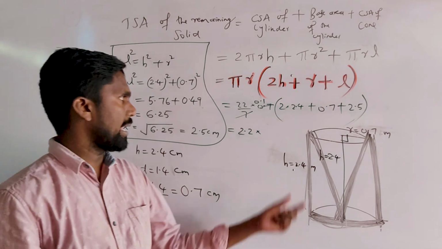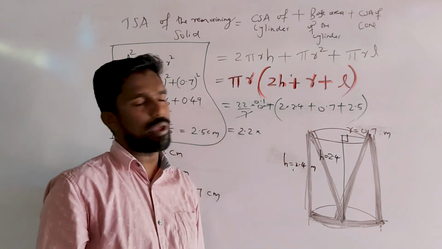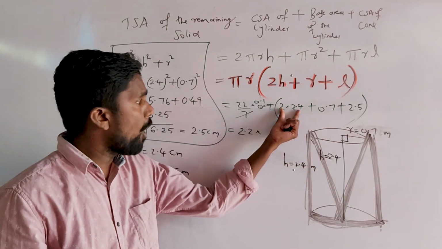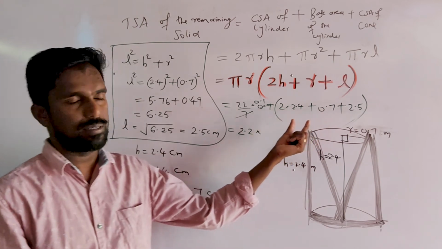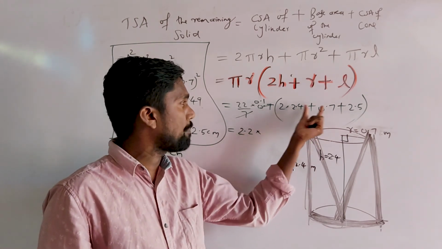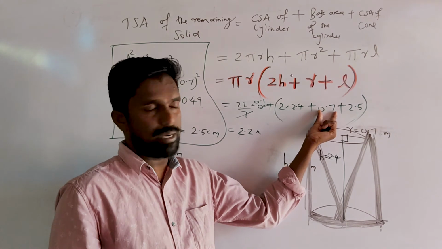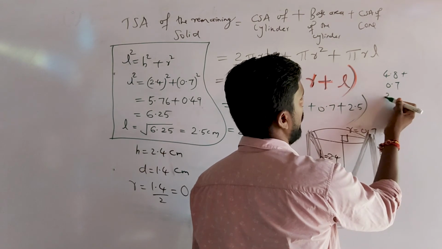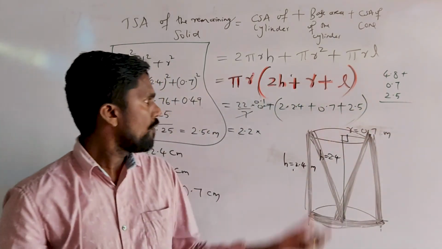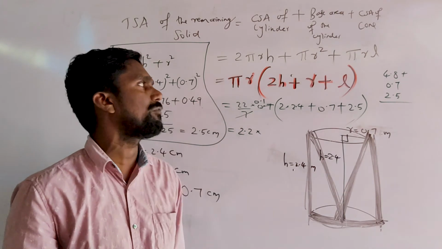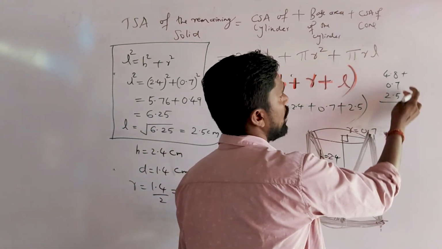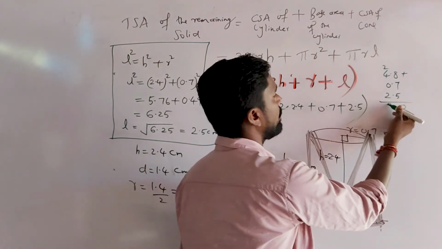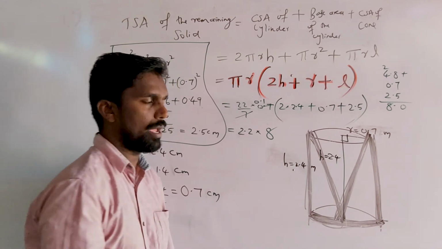Now add: 2 into 2.4 is 4.8. 4.8 plus 0.7 plus 2.5, you can add it, and we get 8.0. So that is 2.2 into 8.